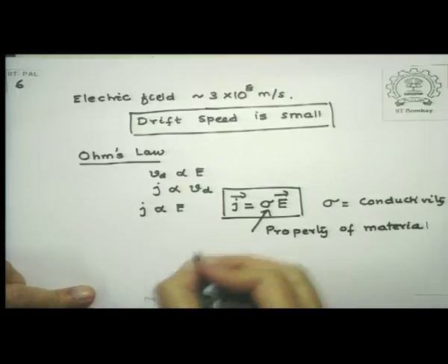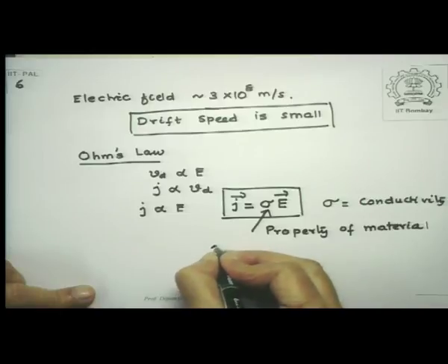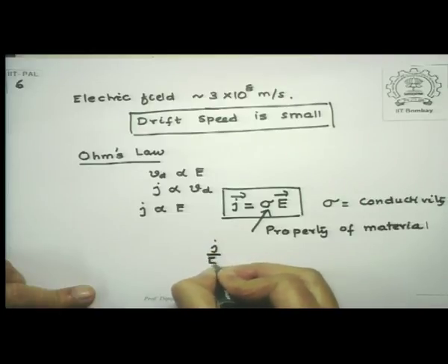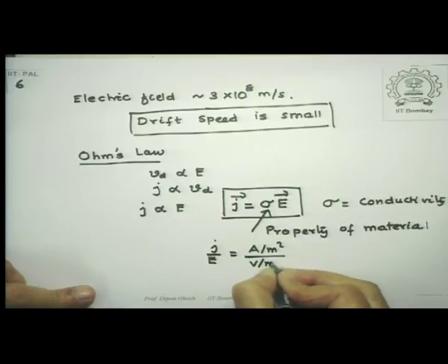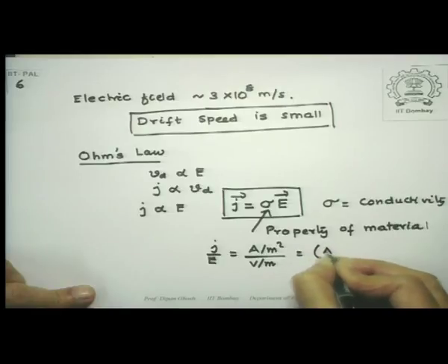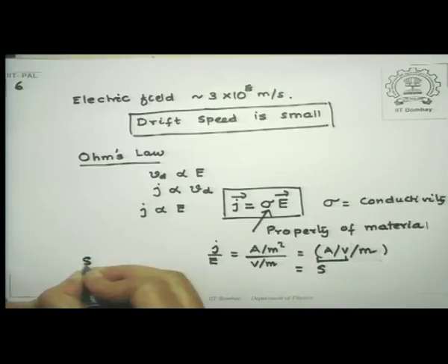Now you can see what the units of conductivity are. It is the unit of J by E, and J is in ampere per meter square divided by volt per meter. So it has the unit ampere per volt meter. This quantity is called a Siemens.